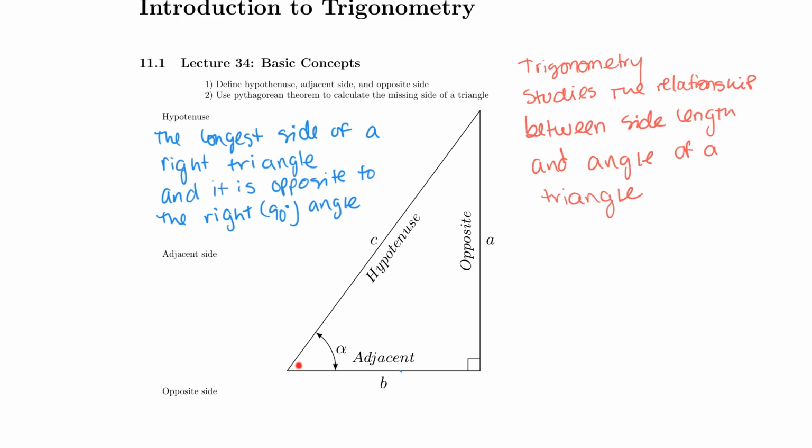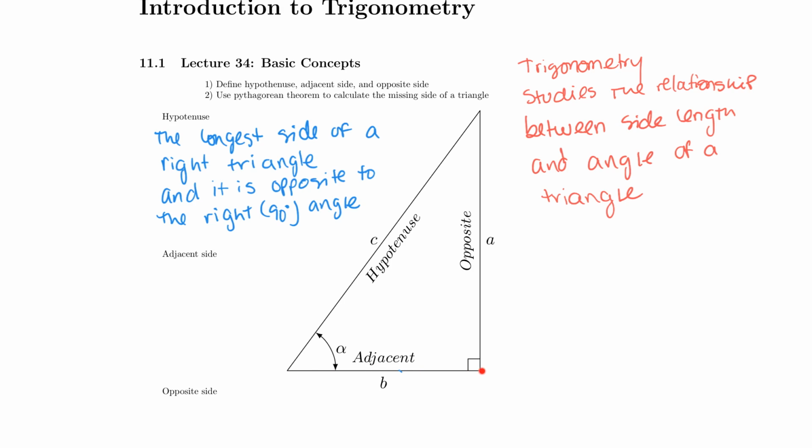Okay, now let's evaluate the triangle again, and we notice that we have an additional angle right here. This evaluation can either be from this angle or this angle. In this occasion, we're only going to use this angle right here called alpha. And from this angle, we are analyzing the adjacent side. Why is it called adjacent side?